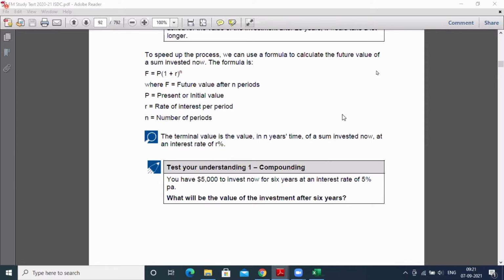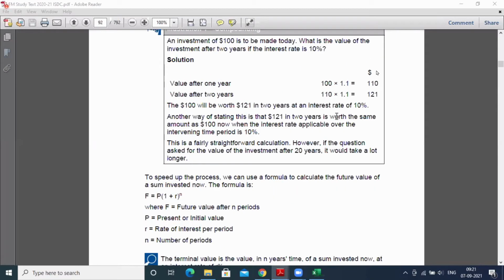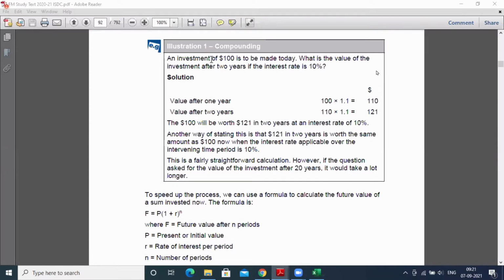For your better understanding, here is a small illustration. If you invest $100 today, what is the value of that $100 after 2 years, assuming 10% interest? With simple interest, the first year we would have got 10 as interest, and the second year we would have got 10 as interest.